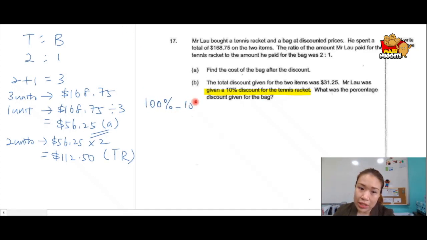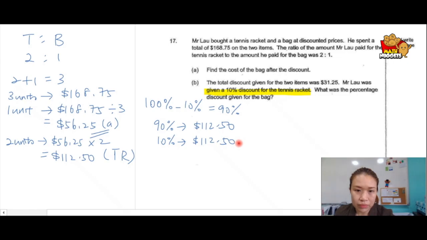So 90% for the tennis racket is 112.50. To find out the discount given for the tennis racket, divide by 9. That gives $12.50. This was the discount given for the tennis racket.